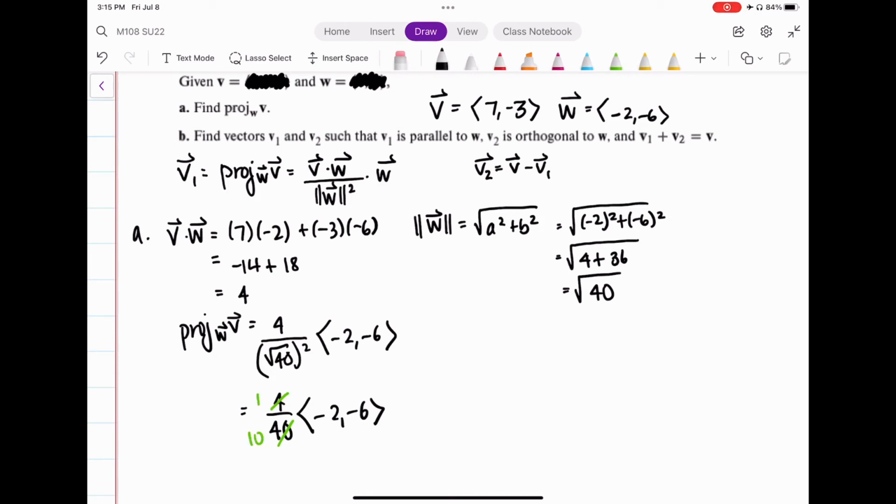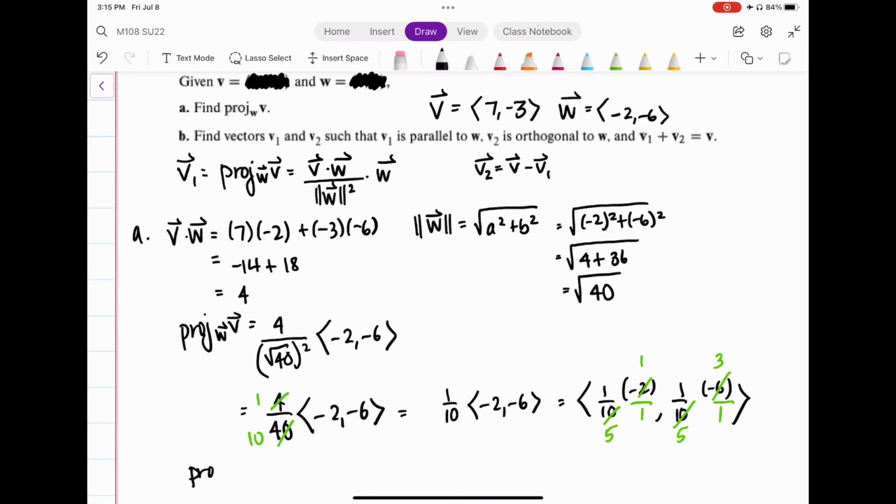And now we're multiplying the vector times a scalar. We have 1/10 times -2 and 1/10 times -6, which we can reduce because they're all even numbers. Dividing out a 2 from 2 and 10 and 6 and 10, we get 2 divides into 2 once, 2 divides into 10 5 times, 2 divides into 6 3 times, 2 divides into 10 5 times.